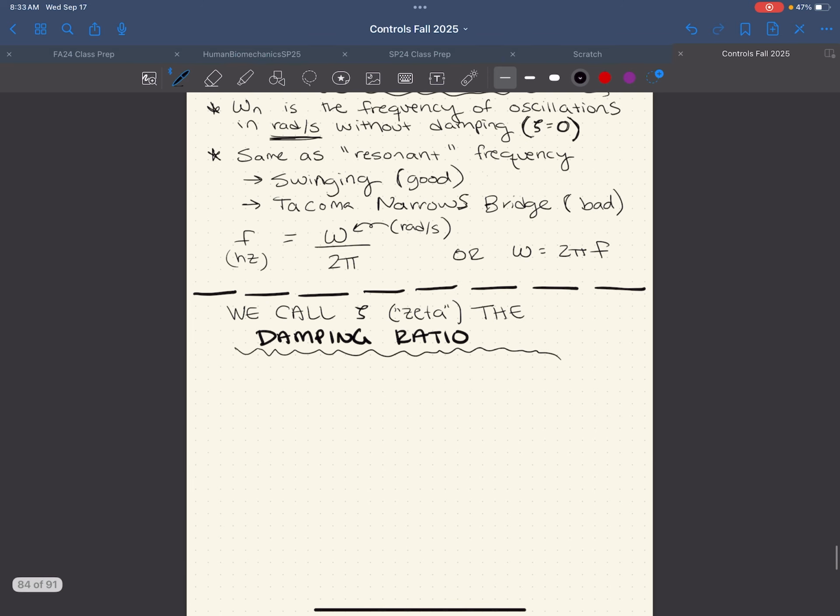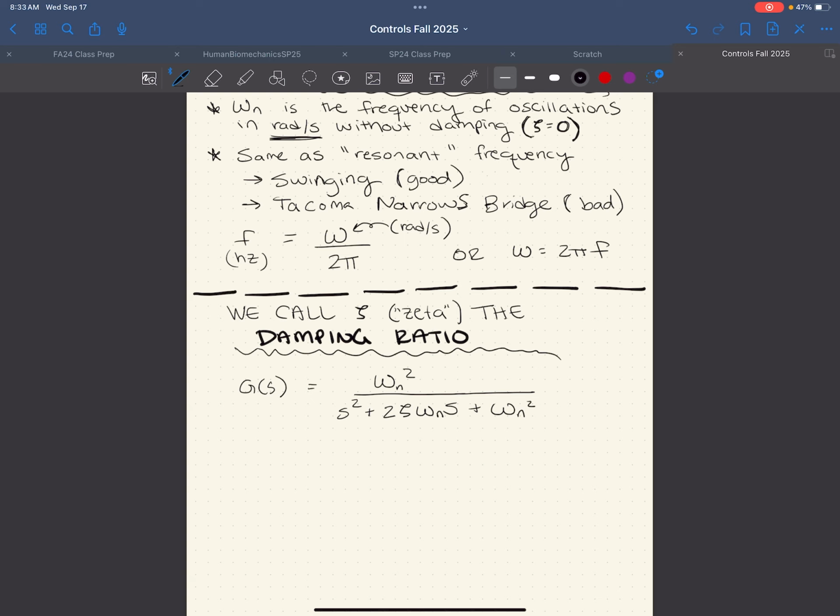So let's start out by rewriting our general form for a second order system. We said this was omega n squared over s squared plus 2 zeta omega n s plus omega n squared. So the poles of our system are those values of s that make this denominator 0.